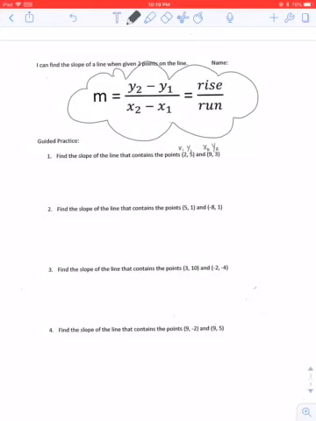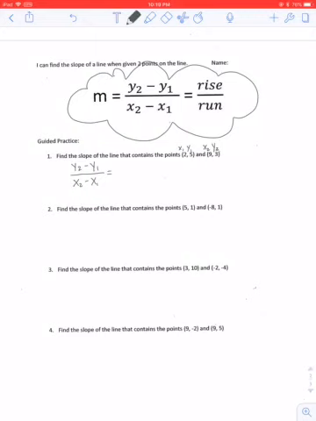The order of those does not matter. You could make (2, 5) your second point and (9, 3) your first. Either way, you will get the same slope. And once I've labeled those, I write down y2 minus y1 over x2 minus x1 equals, and then I plug in those values for those variables.